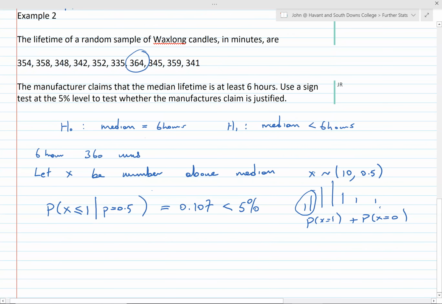So that does suggest that there might be something going on, that the manufacturer's claim might be incorrect, because there's only one that's actually above 6 hours. So we write a contextual statement, but the first thing we say is reject H0.